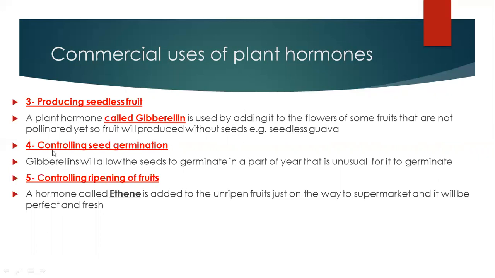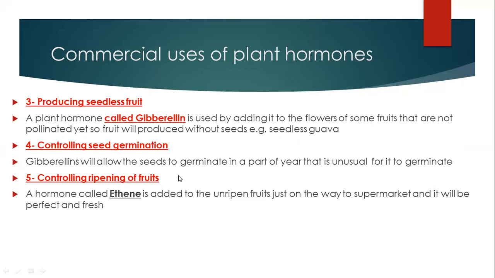And the fourth commercial use of plant hormones is controlling seed germination. The same gibberellin, the same hormone, will allow the seeds to germinate in a part of the year that is unusual for germination. And the last is controlling the ripening of fruits.